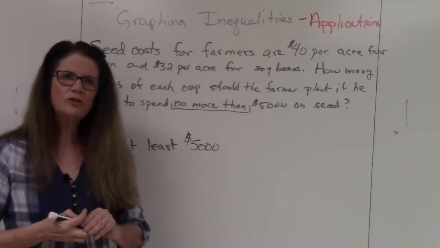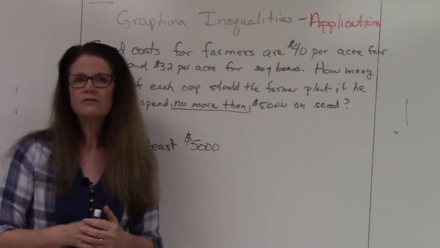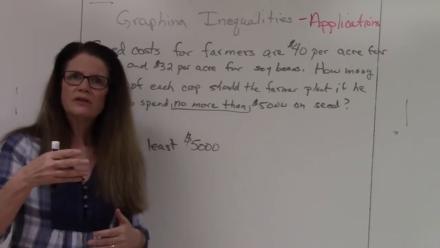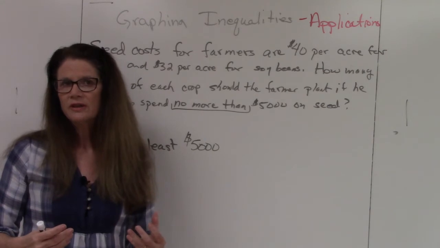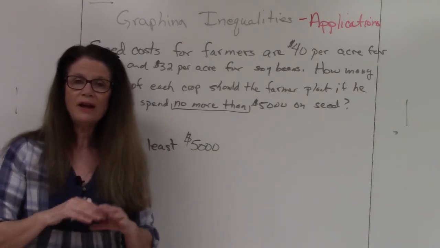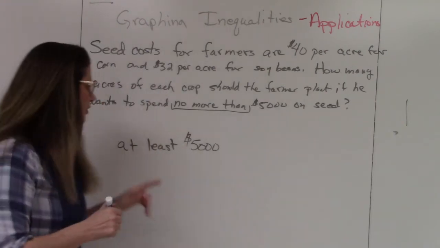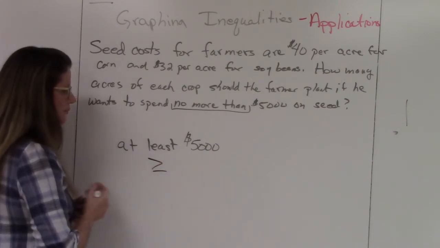Let's say you go to a job and you go, okay, I need to make at least $40,000. So you're in the interview, the manager offers you $35,000. Is that enough? No, because you want to make at least $40,000. In other words, $40,000 is your bottom line. So you want to make greater than that.